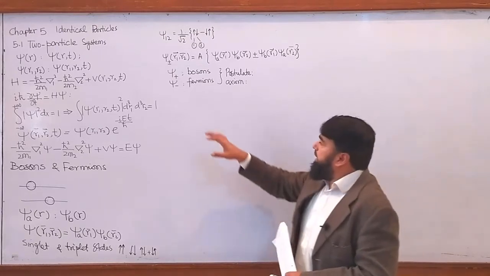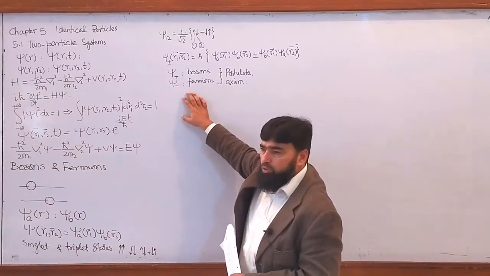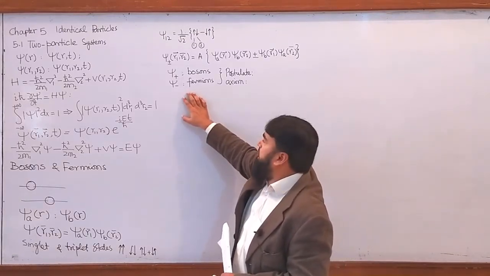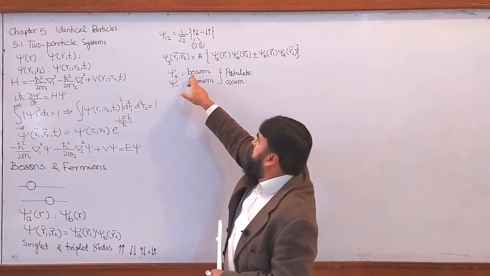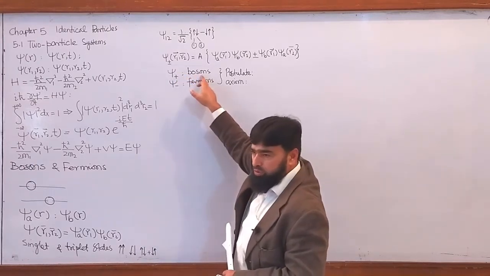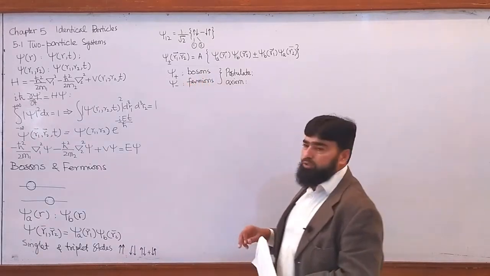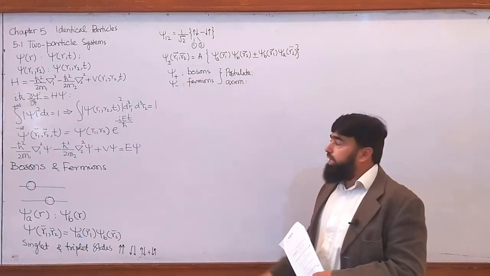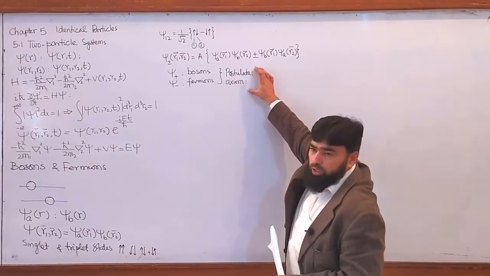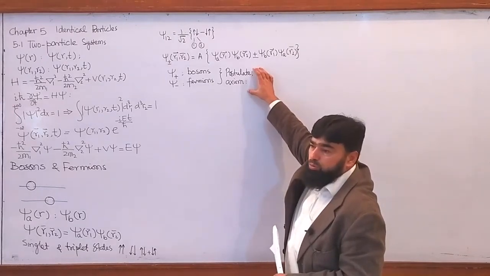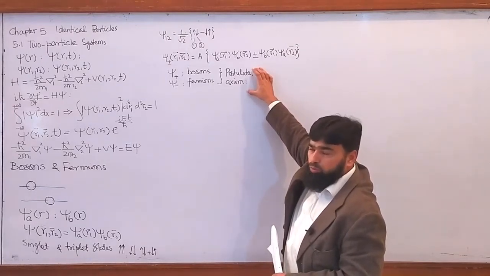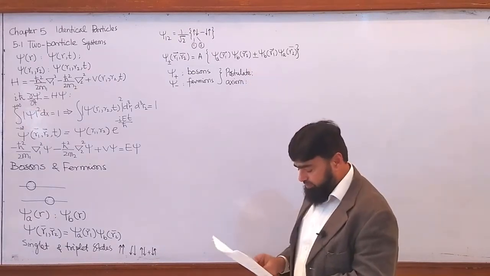Clear? Later on, it will become clear to us why the plus was assigned to the bosons and the minus to the fermions. At the moment, it's just a postulate. It's a truth that we will have to follow. Clear?